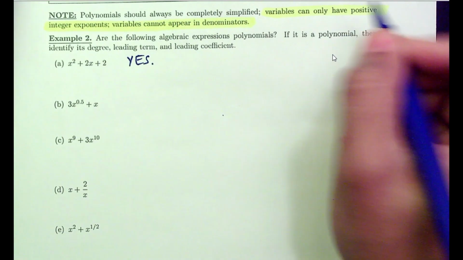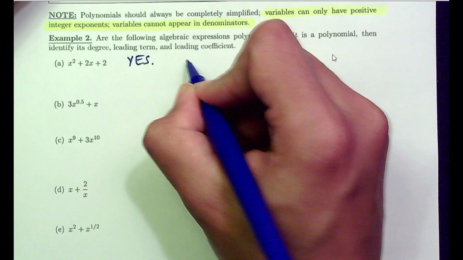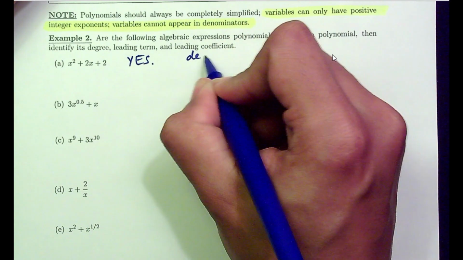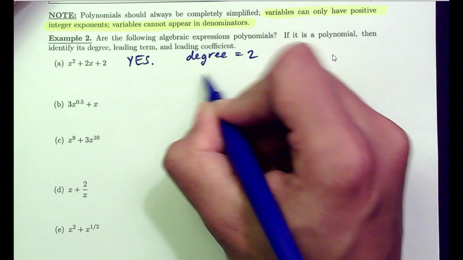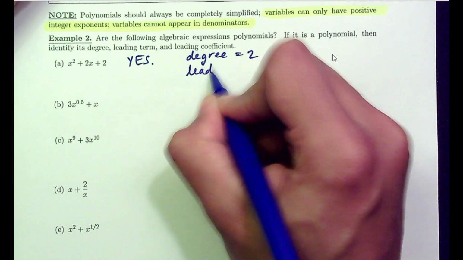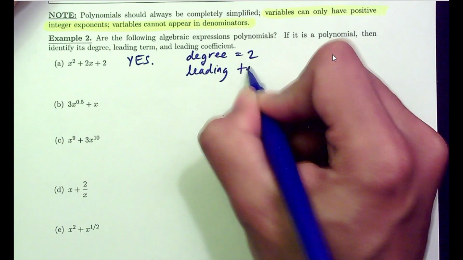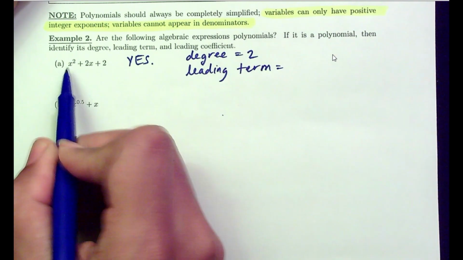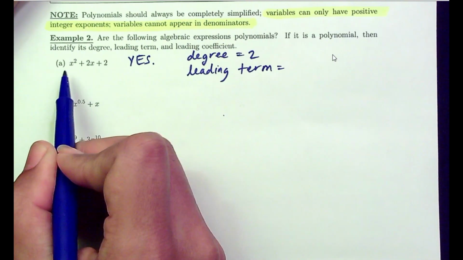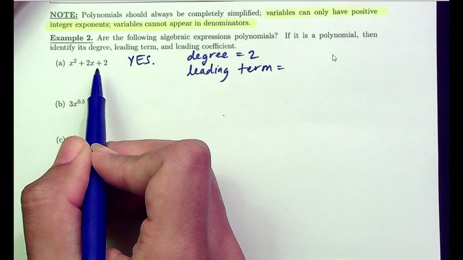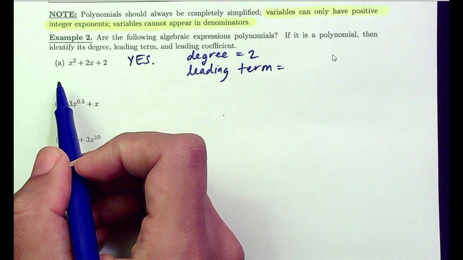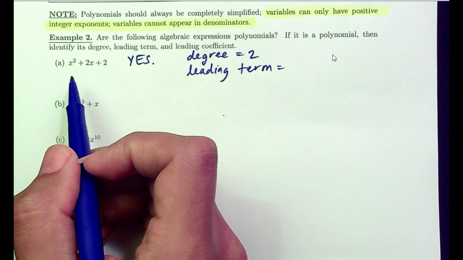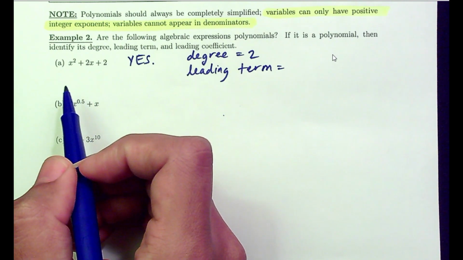It is a polynomial, and then the degree equals 2. The leading term would be x squared. You have to put it in order in order to figure out the leading term. The leading term is not necessarily the first one. It is the first term if it is in descending order.